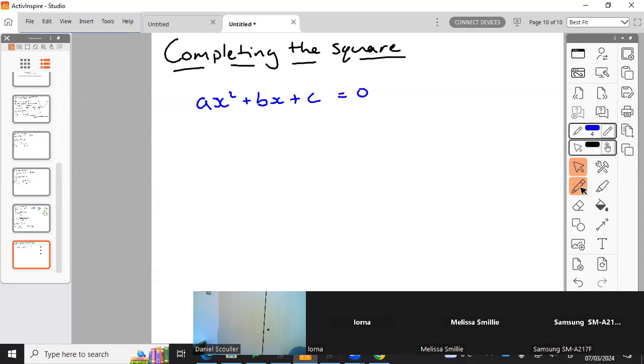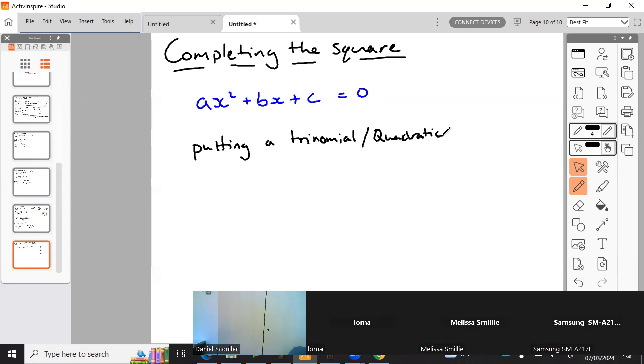Now completing the square is a process where we're taking that and we're putting it in a new form. The trinomial and quadratic, for what we are doing, are interchangeable, okay?